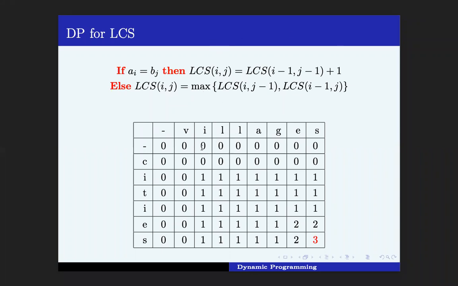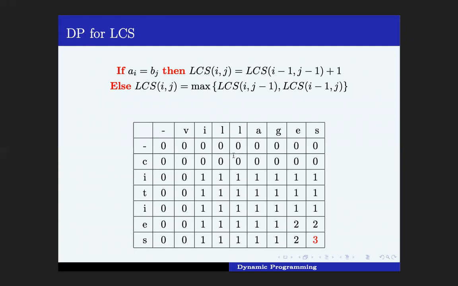So all that we did was this: you have this recurrence, and you tell me how to fill up the rectangle in such a way that every time I fill up a particular square, all the required squares are already there. I do it and continue.